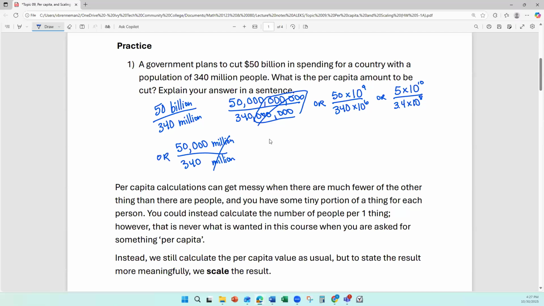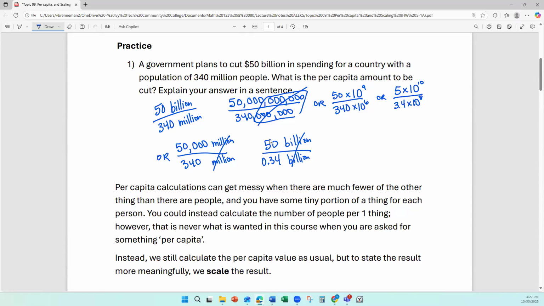So that's also something that can be helpful. You could also go the other way, 50 billion, and change the 340 million to the decimal 3 places, 0.34 billion, and then the billions would cancel. So lots of different ways to approach doing this calculation.